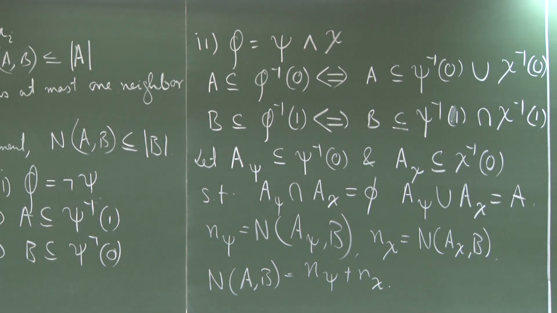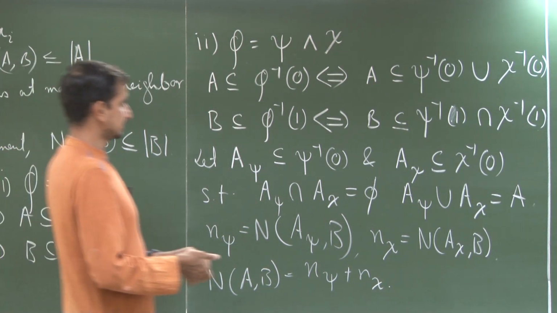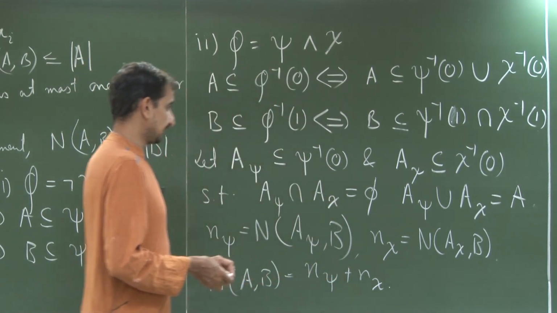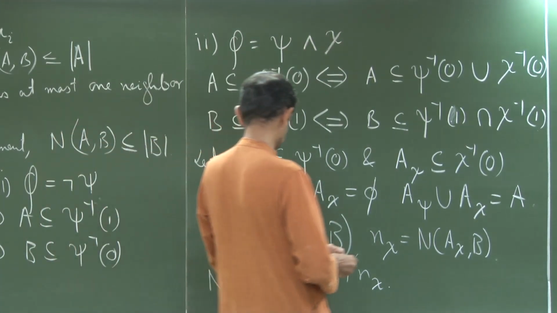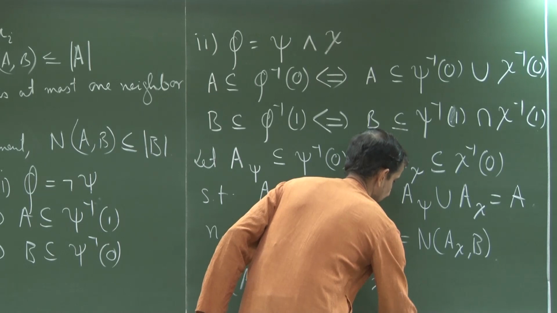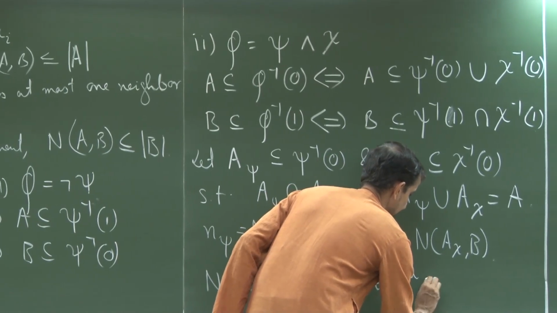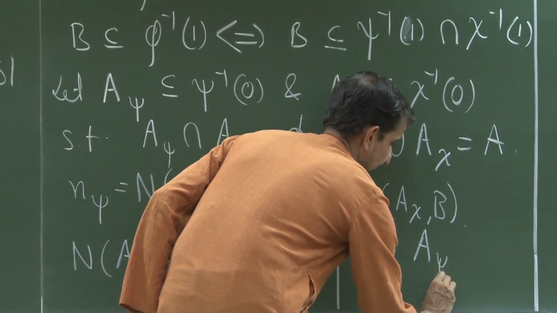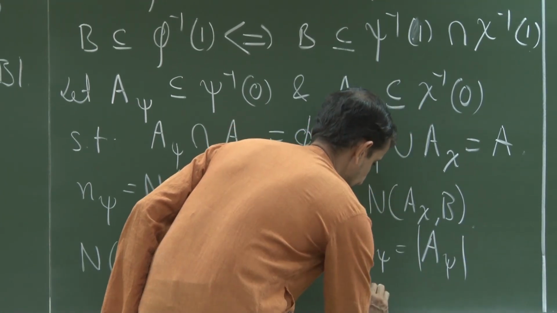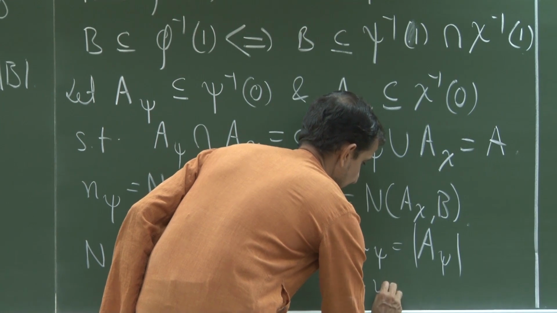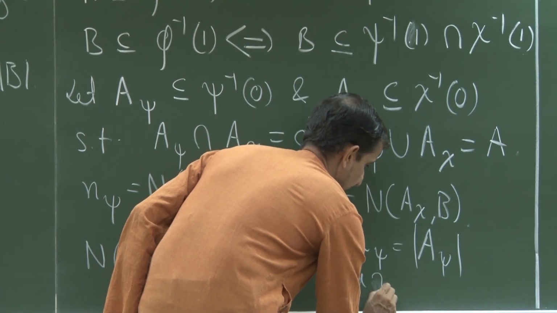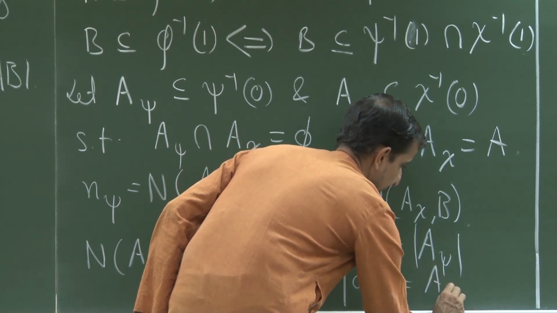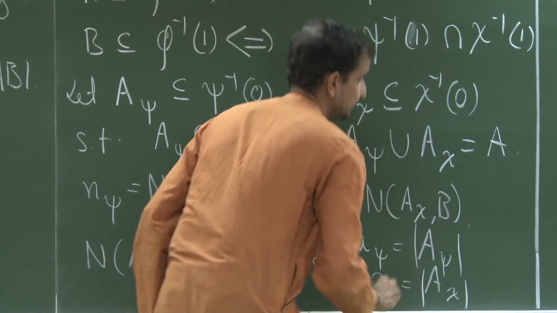So, I had a notation I think. Let me keep one more notation over here so that it becomes a little simpler. Let small a_psi be the size of this set and small a_chi be the size of this.